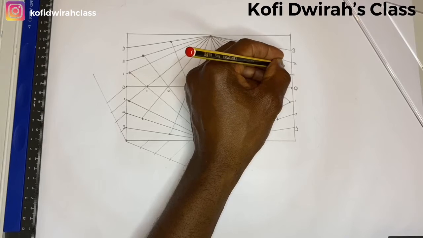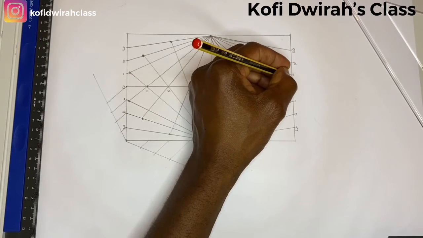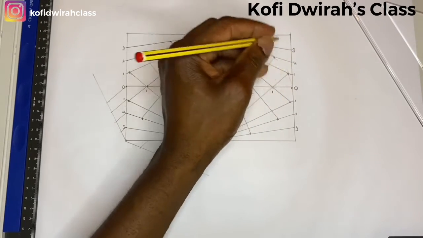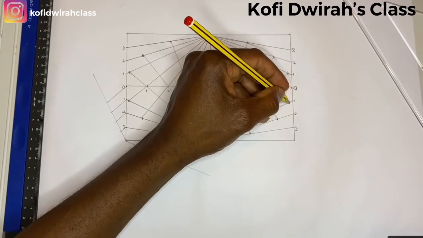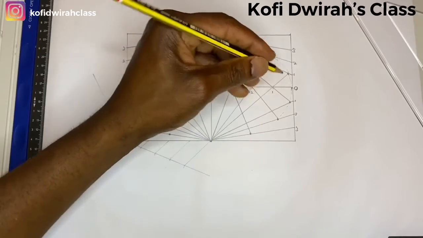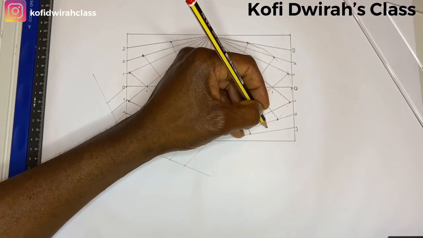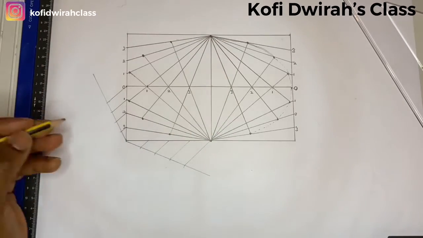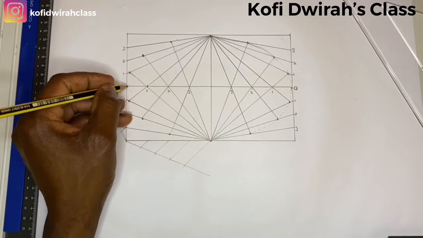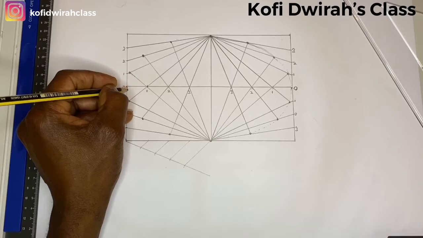First, you can just do a rough sketch. Later, then you draw it well. It goes like this. Through here. Then here it goes like this.